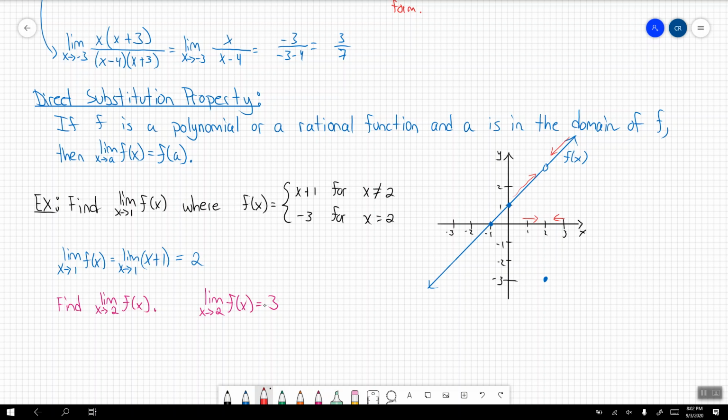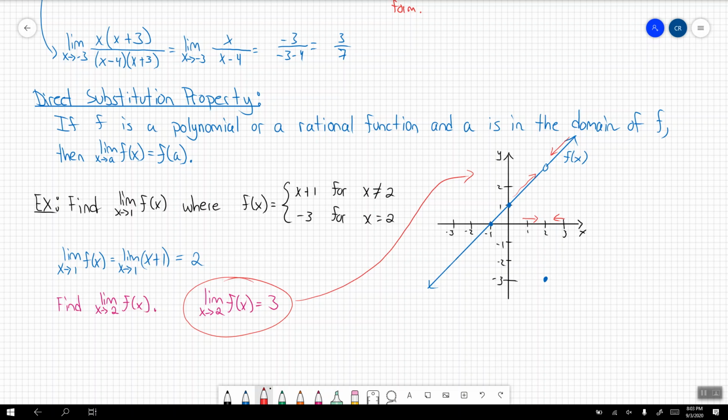And that's where we get this limit, that the output wants to be 3. However, it has a removable discontinuity, which moves that piece of the function downward. And that's what we call a removable discontinuity.